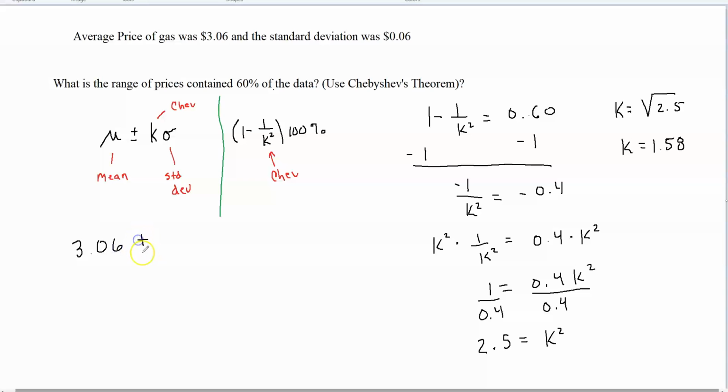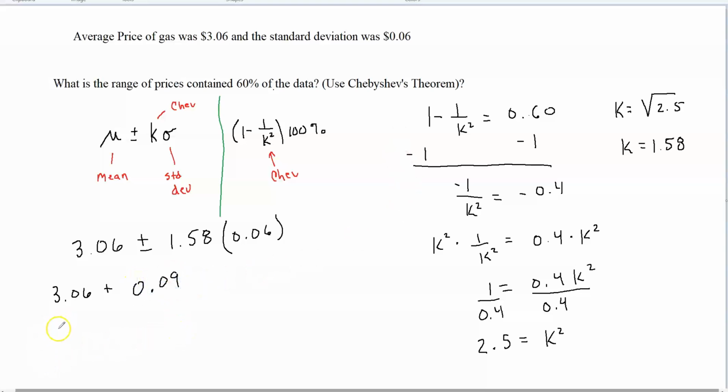I'm going to do a plus or minus. I'm going to take the k that I just found, 1.58, and multiply by the standard deviation, which is 0.06. Okay, and so what you end up with is 3.06 plus or minus 1.58 times 0.06, and you get about 9 cents.